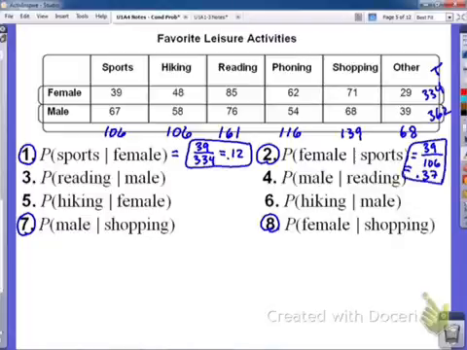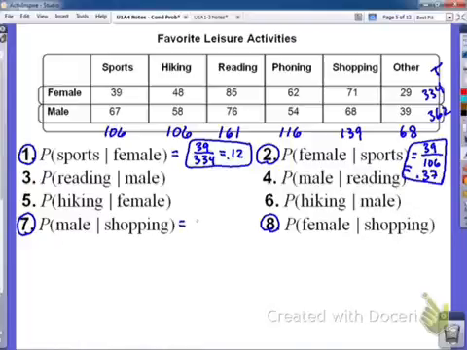Okay, that's good. Now, looking at number 7, what's the probability that we select a male, given that we select someone who prefers shopping? So, I'll just do this problem right here.